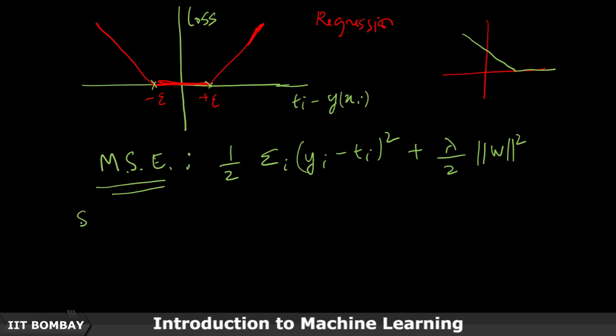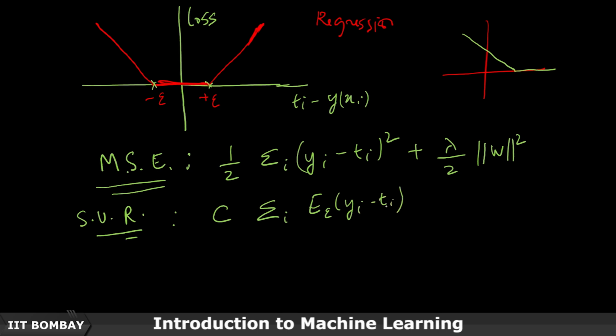Instead, for support vector regression, the loss is going to be that we will have some C times the sum over i of this expression, the loss E epsilon of yi minus ti.